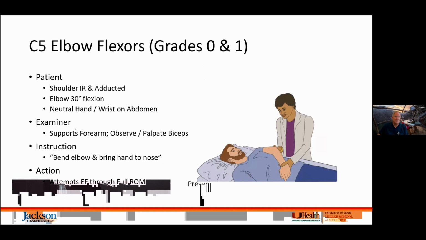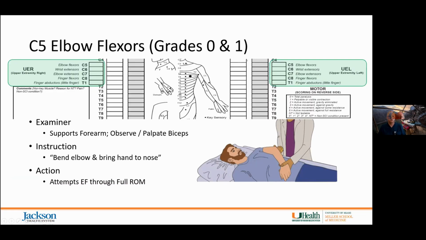we have several cases. So as we look at elbow flexors, and we're looking at grades 0 and 1, again, this is with gravity eliminated. We're going to have the shoulder in an internally rotated and adducted position. The elbow is going to be in 30 degrees of flexion, and we're going to have a neutral hand position with the wrist on the abdomen.